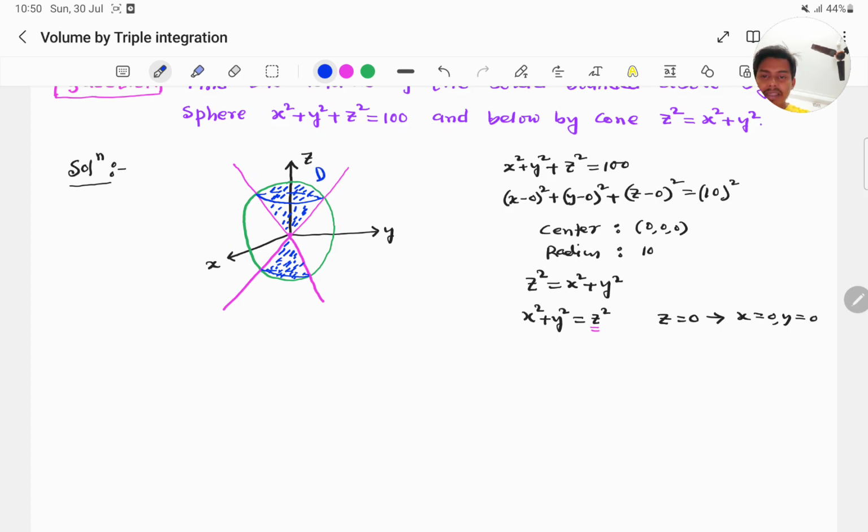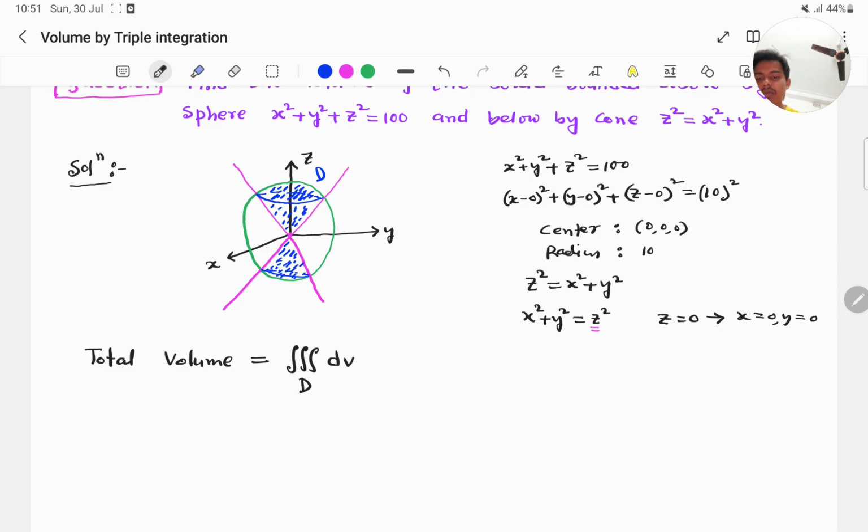Now if we take this solid D, then the volume will be what? The total volume equals, we'll take the help of triple integral, the triple integral over the solid D of dV, like that.